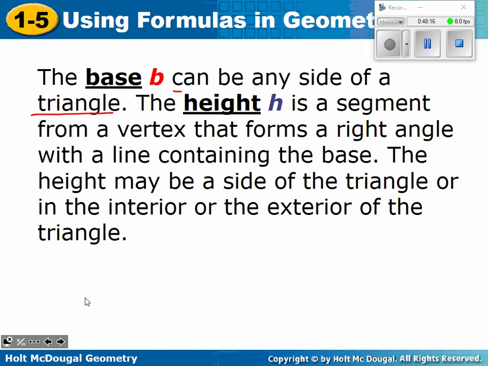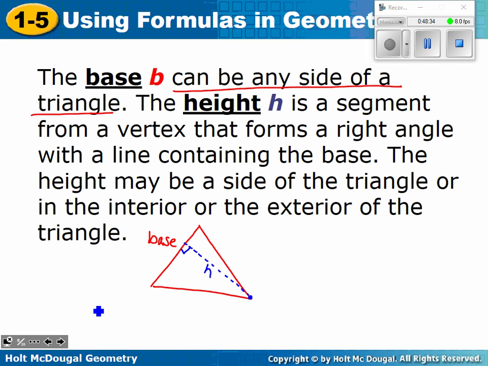What matters is where the height is. So if you have a picture like this, again, and you decide you're calling this side the base, then your height has to go from the opposite vertex perpendicular, meaning that it's forming a right angle to your base. So you can pick any side to be your base, but then your height has to be drawn perpendicular to it. Okay?